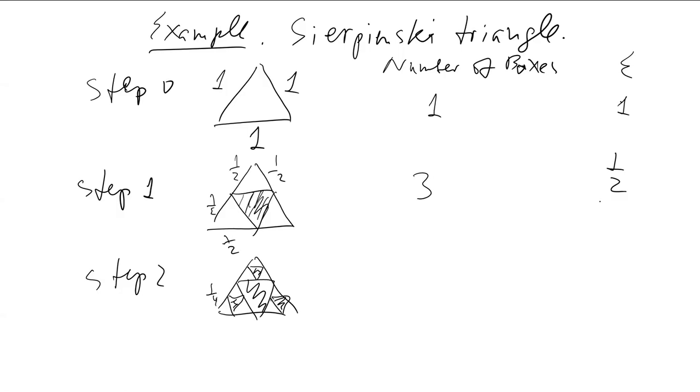Here we have each of these 3 gives 3, it's 3 squared, and it is 1/4. So now at step n, we'll have 3 to the power of n triangles, and size will be 1 over 2 to the power of n.